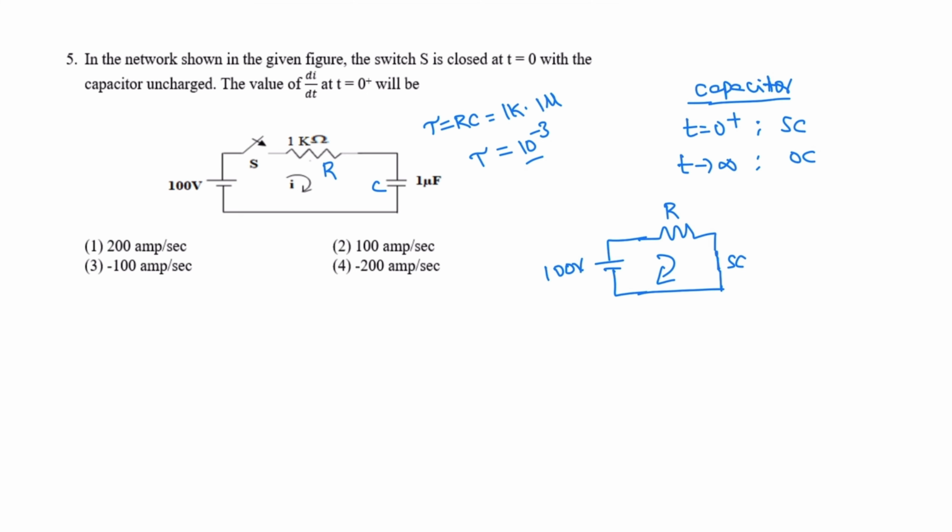Now the current I is equal to V by R, and its value is 100 volts by 1 kilo ohm, that is 1000. So the current is 100 milliamperes. Now the initial current is 0. The initial current is 100 milliamperes. So this is the initial current.